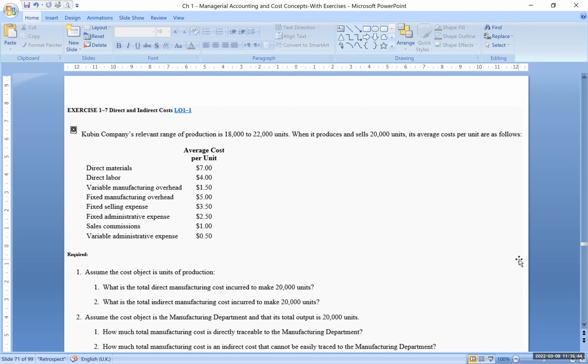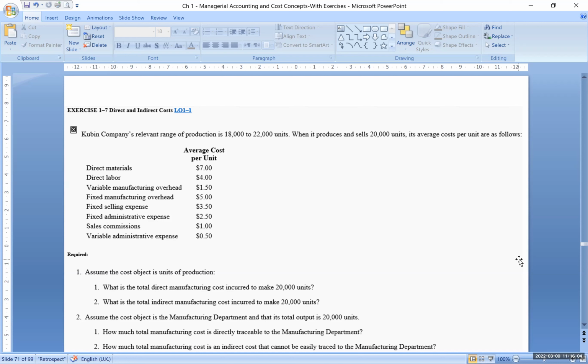Yes. What about the direct labor? Definitely yes. What about the variable manufacturing overhead? For number one, we said it is not easily traceable to the unit of activity, but is it traceable to the manufacturing department?